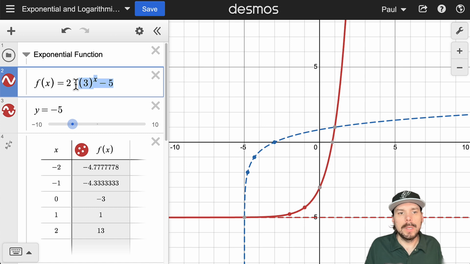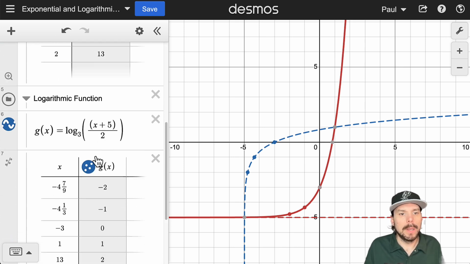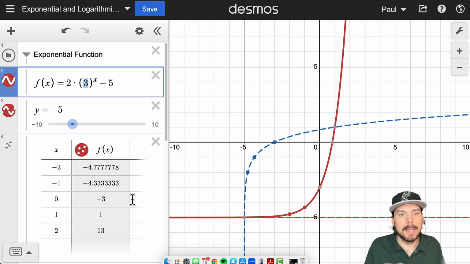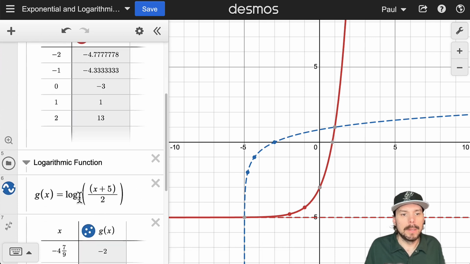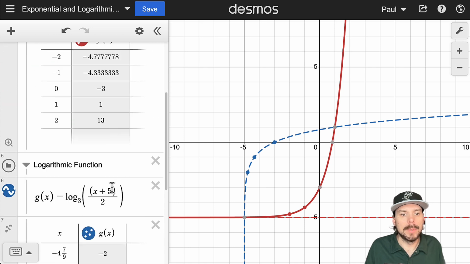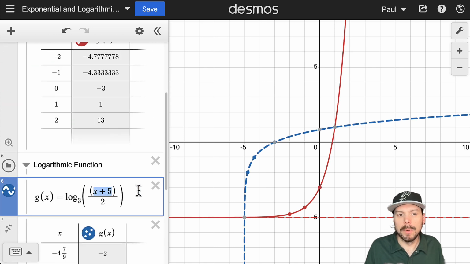But with these 3 distinct different numbers, when we go down to our inverse, we'll be able to see where those land. We have a 3 in the base of the log. It started as a base of an exponent. So we can kind of tie those together, and then I'll talk about the algebra to get from point A to point B. We see how the vertical shift becomes a horizontal shift. If we're reversing the inputs and outputs, reversing the domain and range, that makes perfect sense.